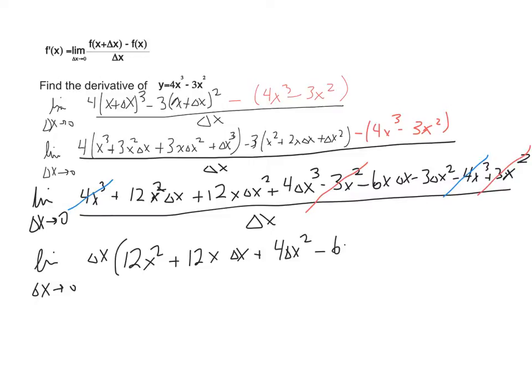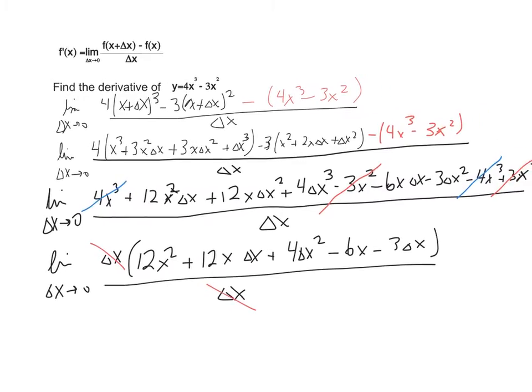Then I have a minus 6x, took out the delta x, minus 3, another delta x, and then that's it, all over delta x. Now, I've got this delta x here on top and bottom that I can cancel out. Now, I can just do my direct substitution.